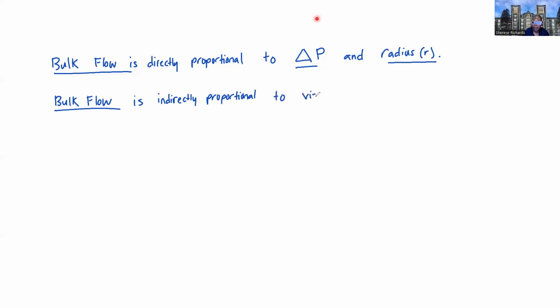So viscosity and the length of the vessel. Which means that as viscosity goes up, flow goes down. As length of the vessel goes up, flow goes down.